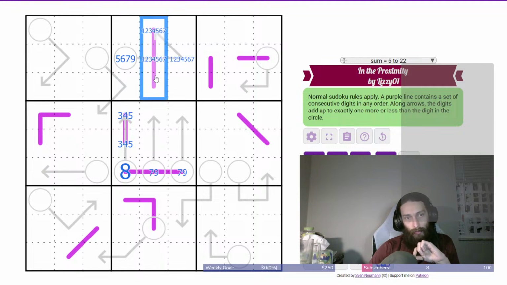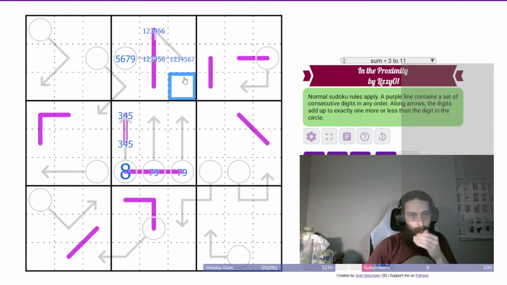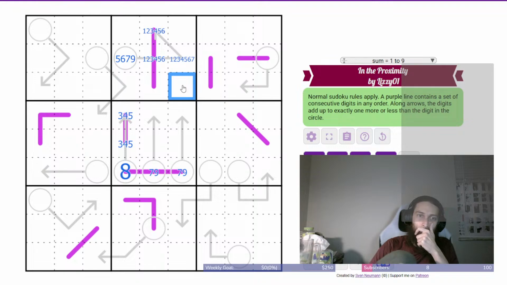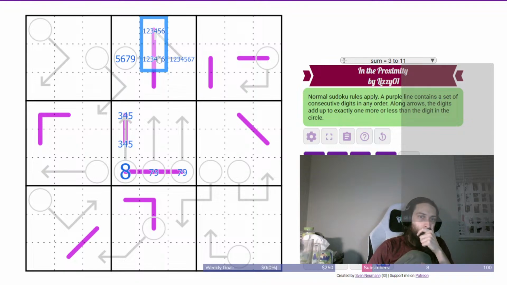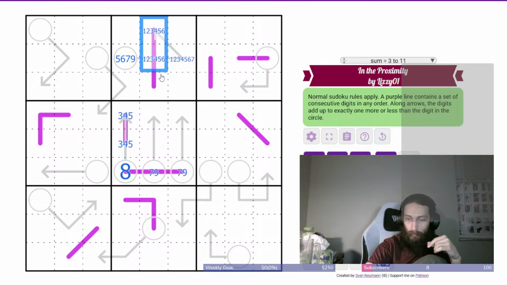That would be 7, 6, 5. But this could be a 7, and you go 1, 2, 3. So, neither of those are 7. Or 6. Yeah, because you could do 6 and 1, 3. But 6, 5, 4. Right, cool. 6 is out.